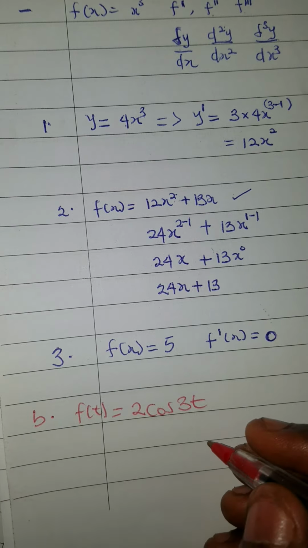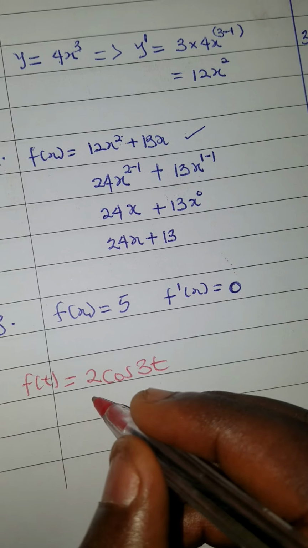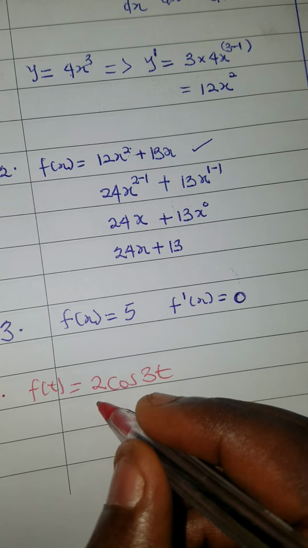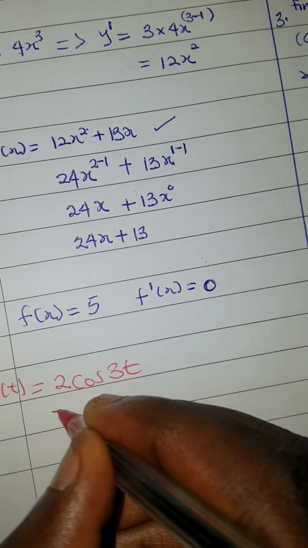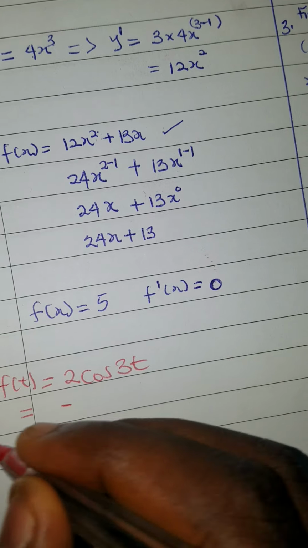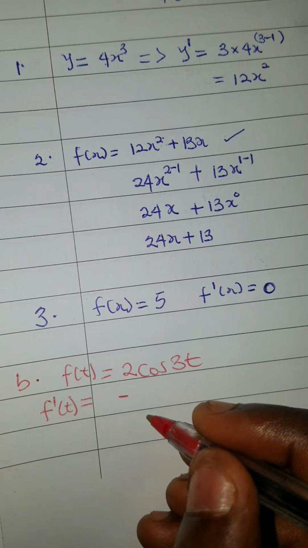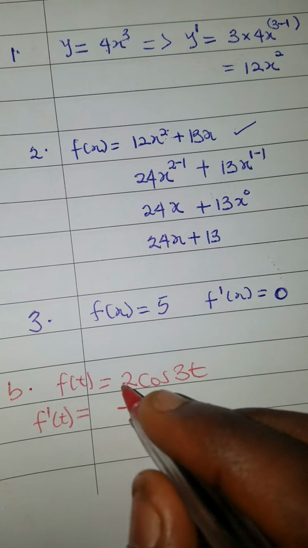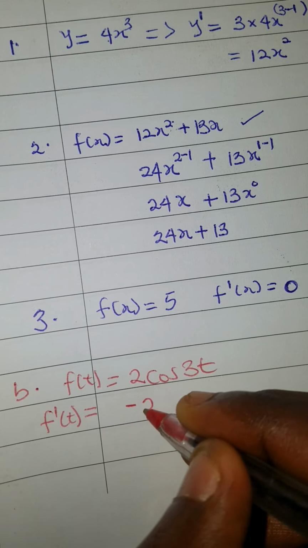What you do is the same thing. When you differentiate cos, what do you get? You get minus sine. So f prime of t is equal to minus 2 sine.